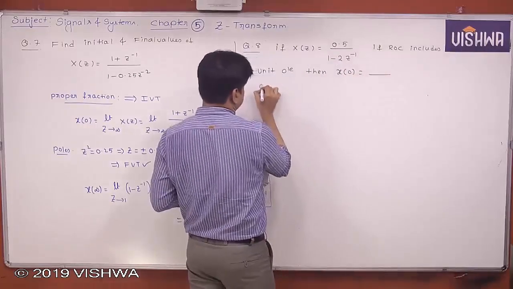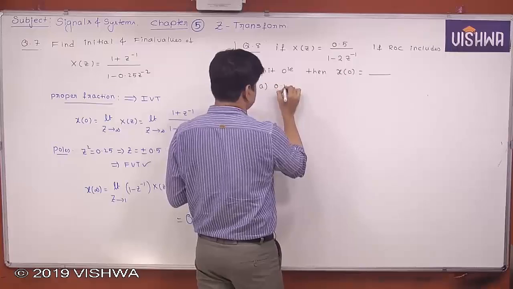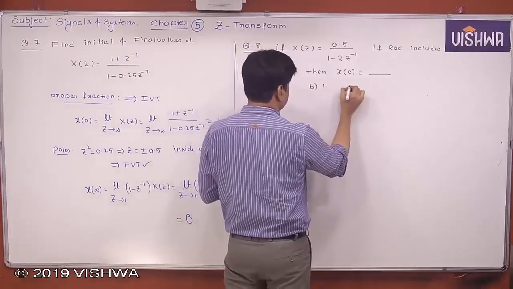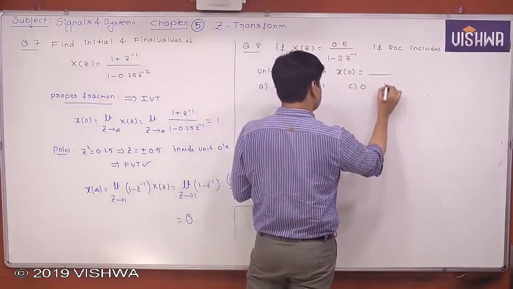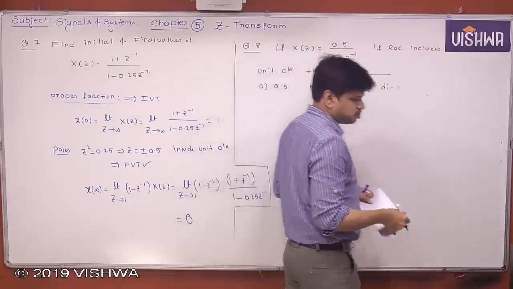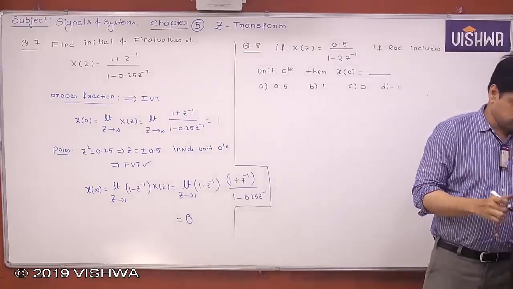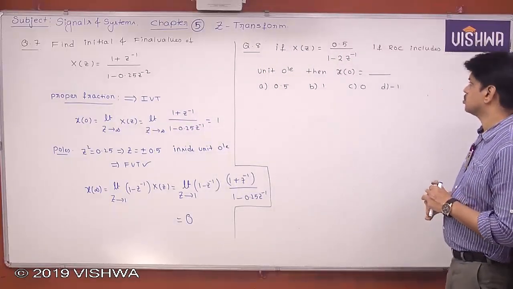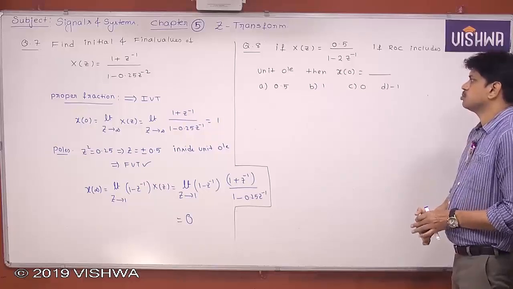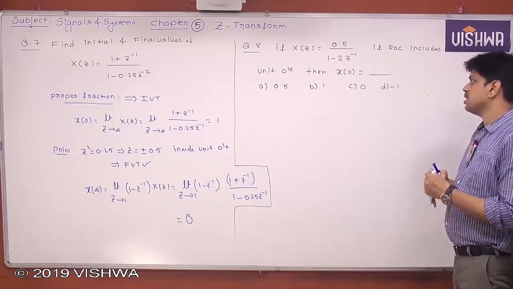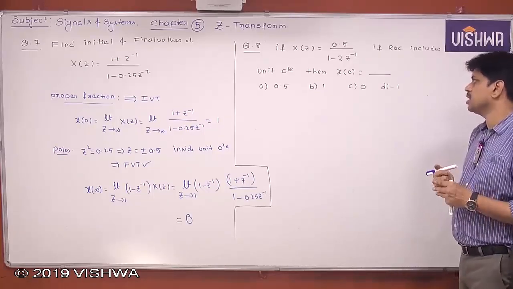Options: 0.5, 1, 0, minus 1. So to calculate x of 0, we use the initial value theorem.